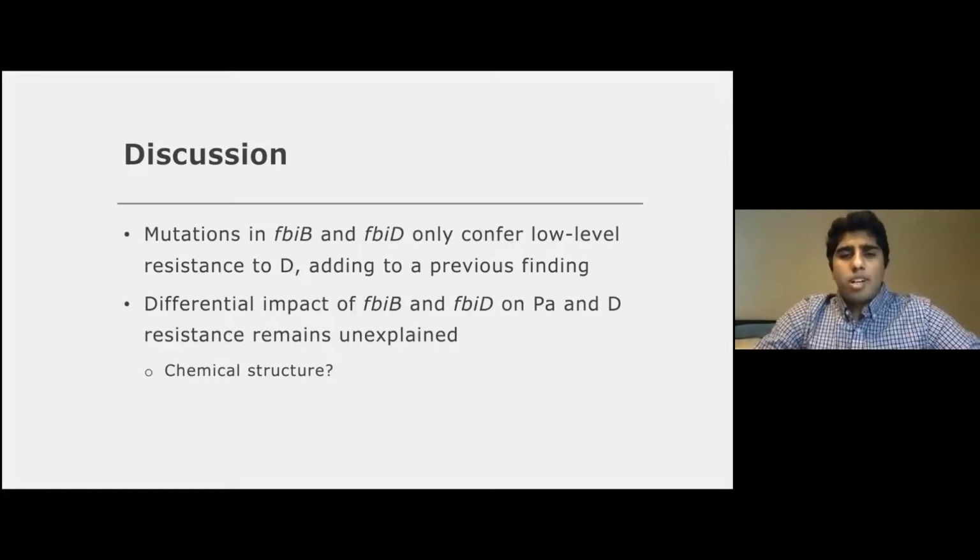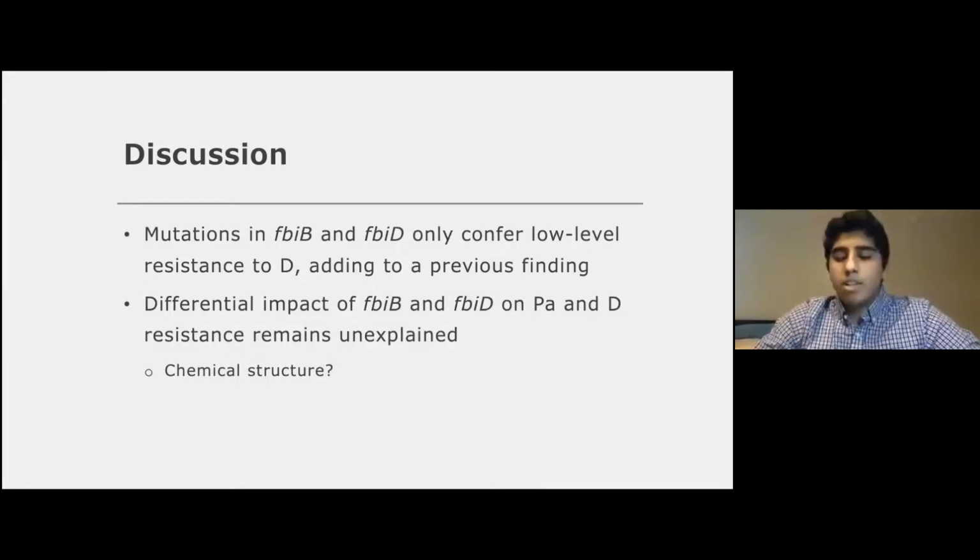As you saw in one of the background slides, the structures are slightly different. So perhaps they interact with the intermediates in different ways, or perhaps delaminid requires less of the intermediate than pretomanid in order to become fully activated. And that's why the resistance isn't as much, but we still don't know.